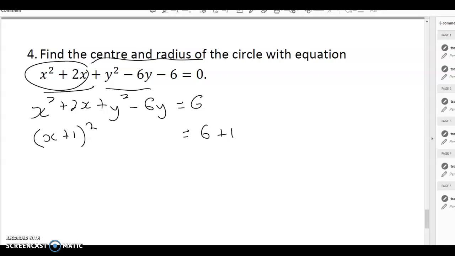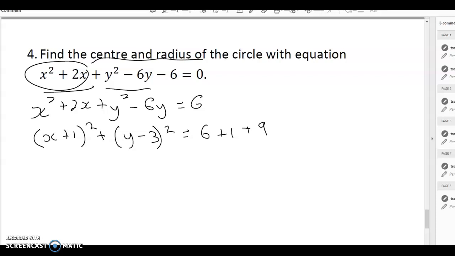And now over here I've got halving that, because we always halve that b term, and we're going to get (y - 3) all squared. And of course that last term, if I expand that, would be another 9, so plus 9.